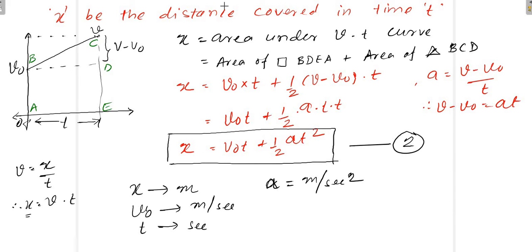Let's go to the third equation. This is the equation which we are going to use for deriving the third or alternate equation. So what is the area equation? x is equal to v0t plus 1/2 into v minus v0 into t.